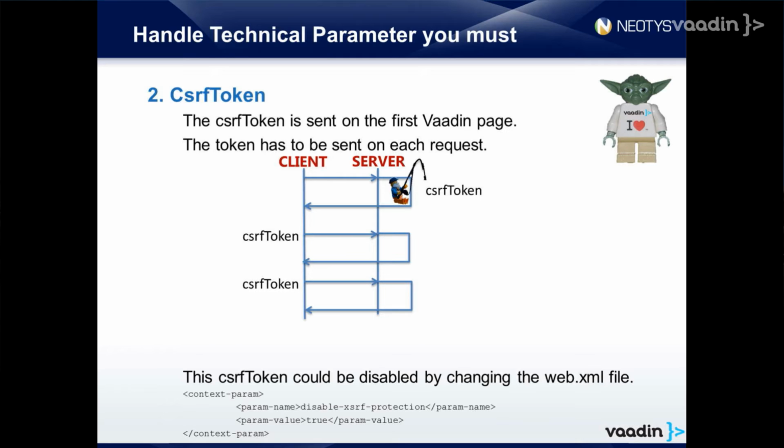Like before, if you don't want to handle it, you could disable it by changing the WebXML file. Here is the line that you have to change to disable the XSRF protection. Again, you can do that, but if you're doing continuous deployment, continuous delivery, and so on, then again you need to have two settings: one for load testing and one for the others. That could be annoying depending on how you manage a project.